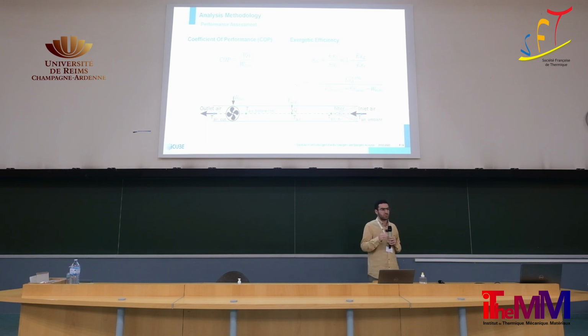So the exergetic efficiency is an efficiency calculated in reference to the maximum capability of the system, which is in the reversible conditions. So we can say that exergetic efficiency gives a more realistic assessment of the system.